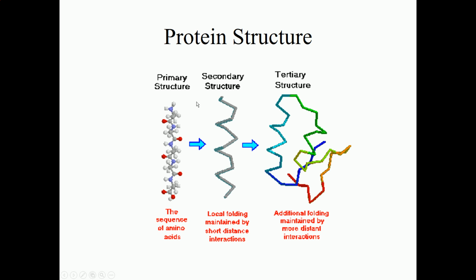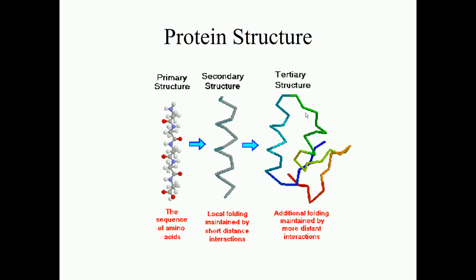This has already folded, and because of the interaction between R groups, this chain is going to fold more, and that kind of structure is called a tertiary structure. If the protein is made of only one polypeptide chain, then whatever structure this folded chain attains is the three-dimensional structure of the protein.